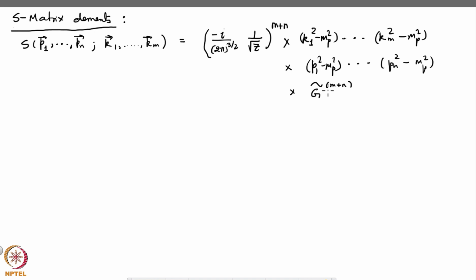Okay, I should have written it slightly differently. Anyway, I can do it now. So let's write it like this, a minor modification.